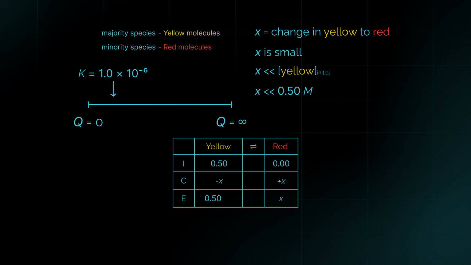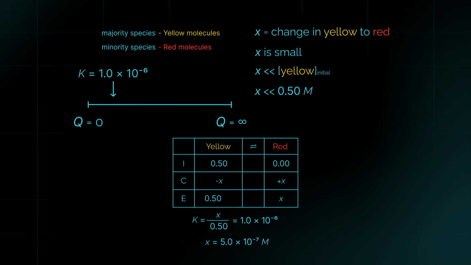We can adjust our ICE table to reflect this approximation, which makes our equilibrium expression much simpler, because now we can ignore X in the denominator. Solving this equilibrium expression for X gives us 5.0 times 10 to the power of -7. We can confirm that this number is much smaller than 0.5, just like we assumed.